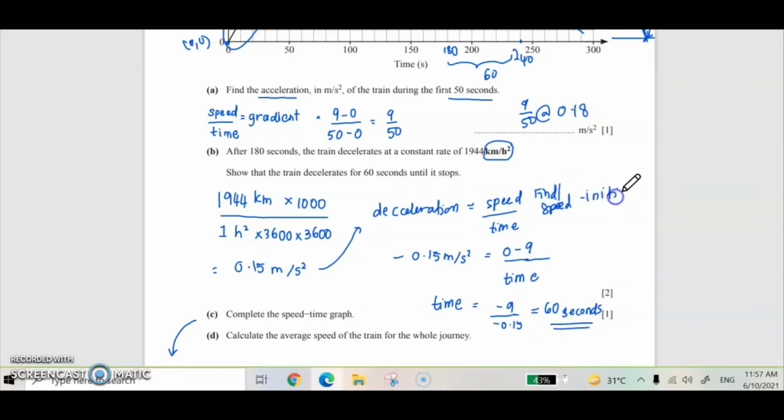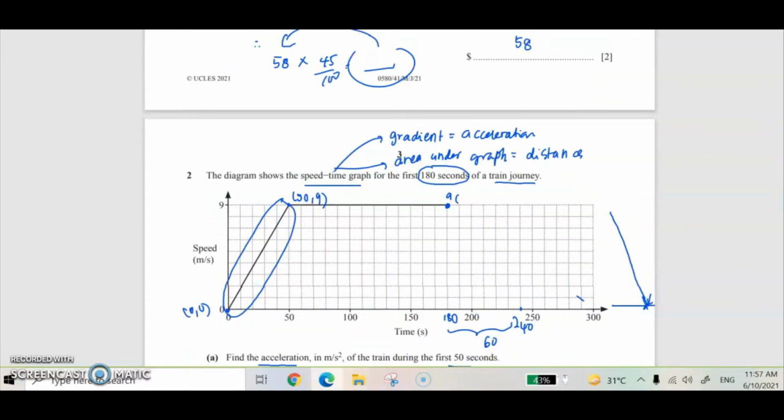Okay, so final dia ialah 0 lah sebab dia kan dah stop akhir dia kan. Kita tolakkan dengan initial dia. Initial dia tadi 9 lah. So waktu ni dia start nak decelerate. Dia bawa kereta tu makin lama makin slow, dia akan stop.